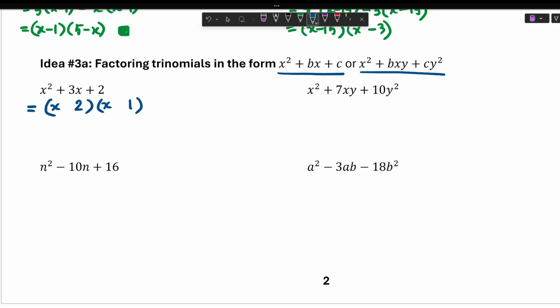And then we're going to check: does the middle term work? So you'll notice 2 times x is 2x. x times 1 is 1x. And that does add up to the middle term, so that means that's the correct factoring.